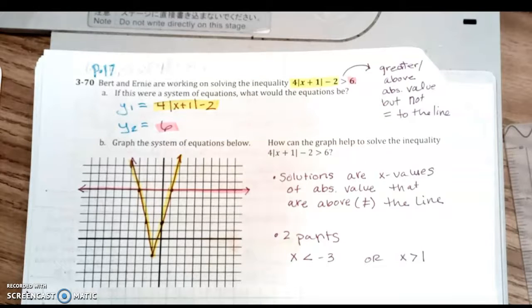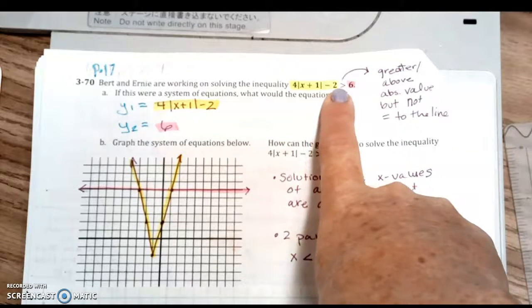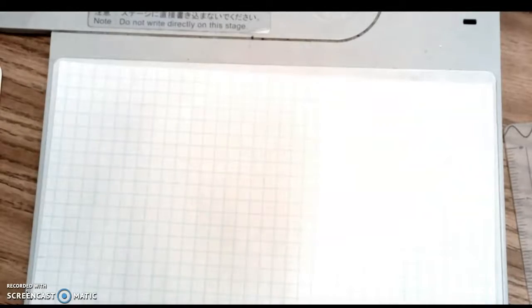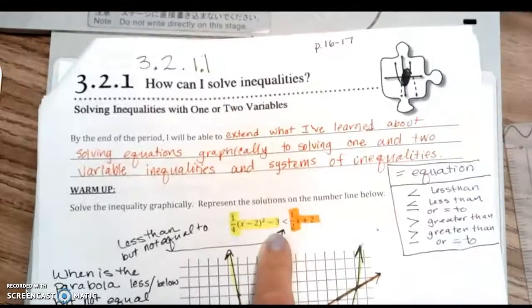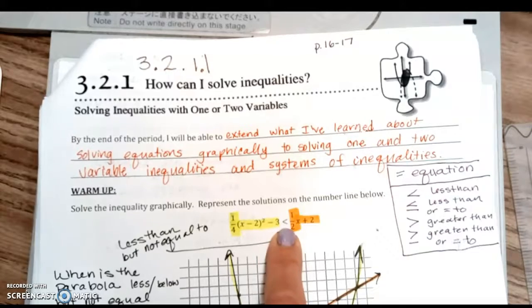Here's what I want you to notice about the difference between today's graph and yesterday's. The inequality symbol here is greater than, but if you flip back one page to yesterday's graph, our symbol was less than.